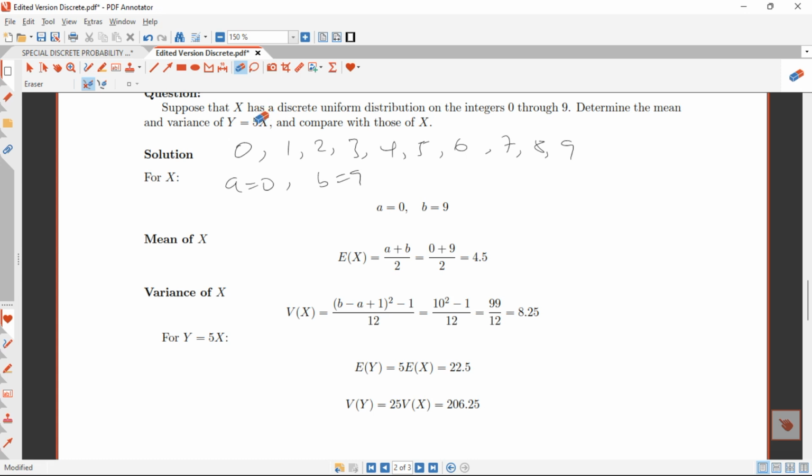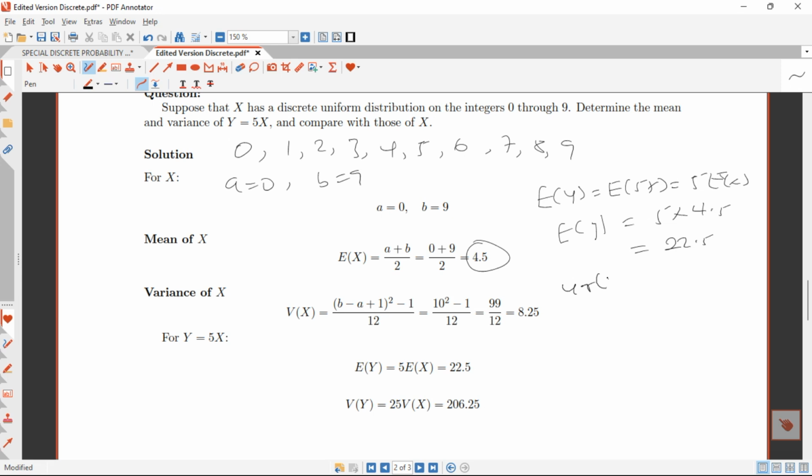In our basic statistics we learned that the expectation of y, which is equal to the expectation of 5x, is equal to 5 times the expectation of x. So with this one, our expectation of y will be 5 times the expected value here, which is 4.5, and we are going to get our final answer to be 22.5.